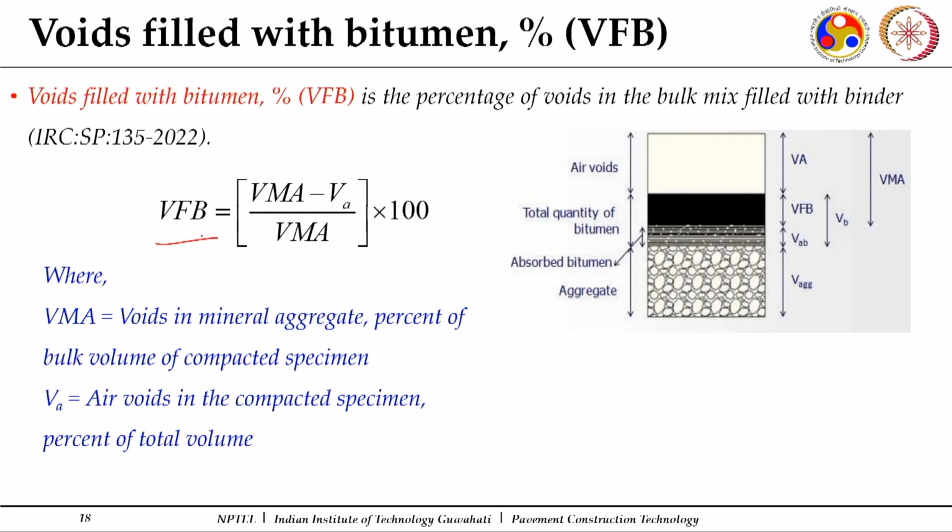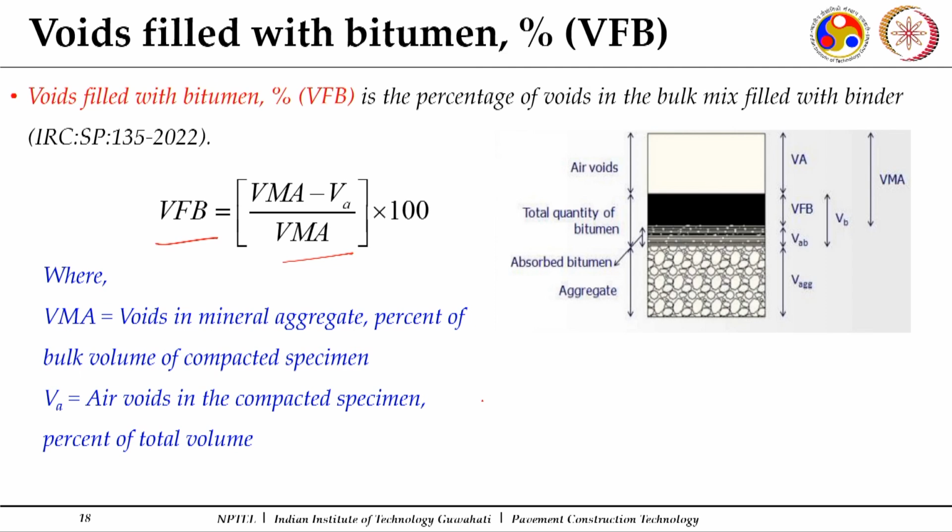Then when we work out the voids filled with bitumen, VFB will be your VMA minus your VA divided by VMA. This is how much share of these voids in mineral aggregates are filled with binder.